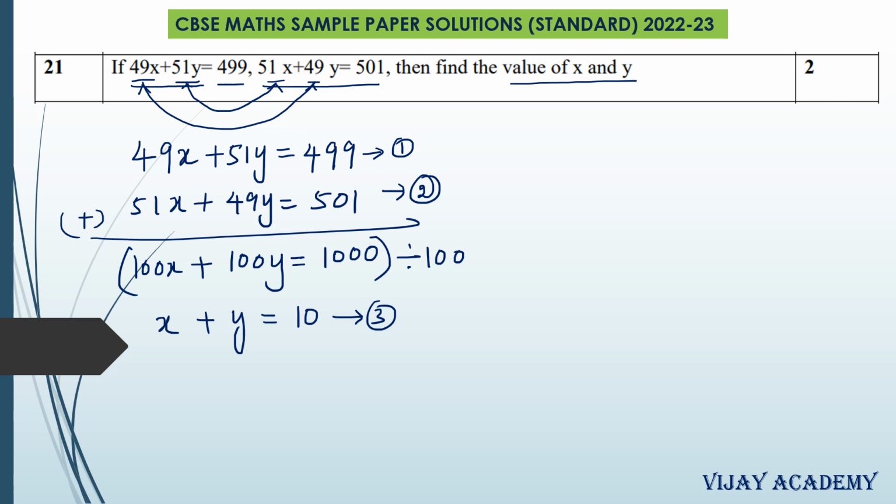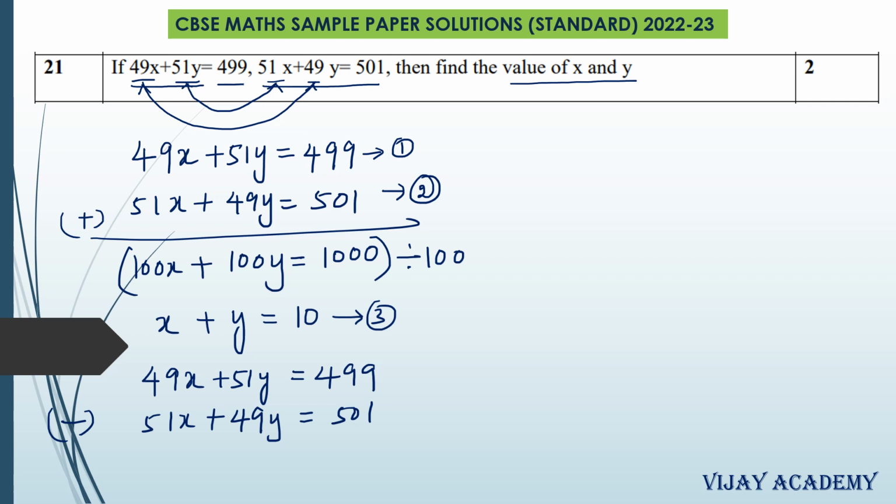Similarly, let us subtract equation 2 from equation 1. 49x + 51y = 499 minus 51x + 49y = 501. Since we are subtracting them, let us change the signs and add them.